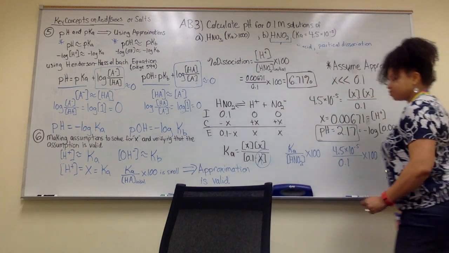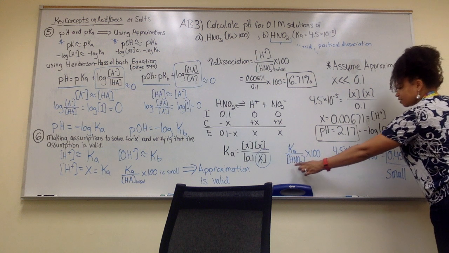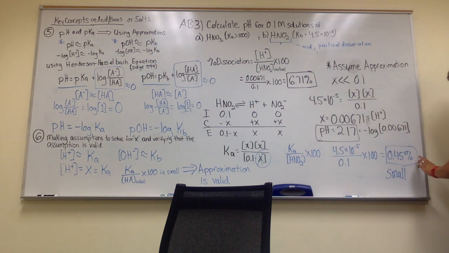And since that's true, we can put the Ka in for the H plus over the initial concentration of acid times 100 to then get this value to show that this is really, really small. And since this is small, our approximation is valid.